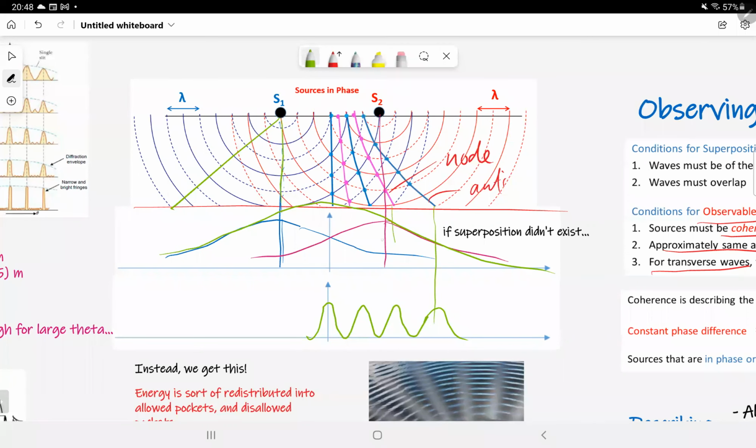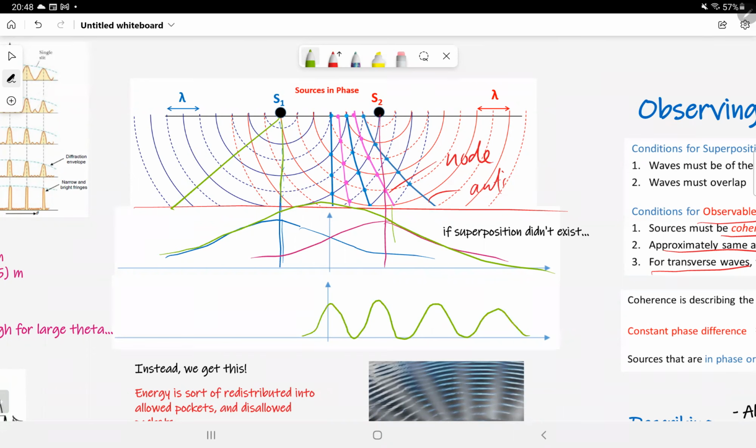I think I drew too many. Let me erase them and draw them better. So I have a node here, and so on. And you can complete the diagram for the other side.